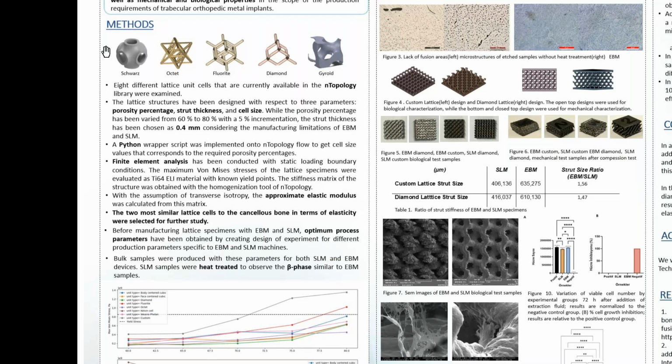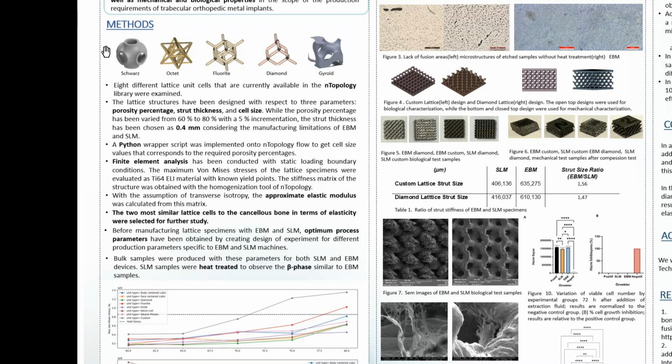The lattice structures were designed with respect to 3 parameters: porosity percentage, strut thickness, and cell size. Strut thickness is very important for us because the production precision of SLM differs. The smallest strut size we could reach through EBM is 0.4 millimeters.